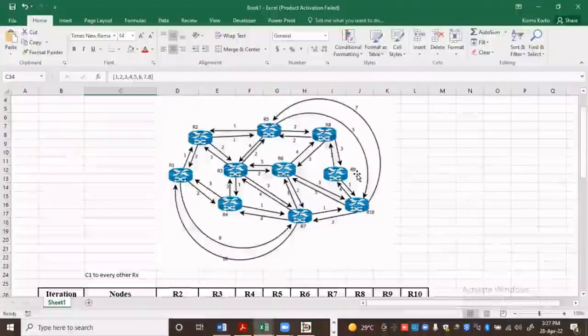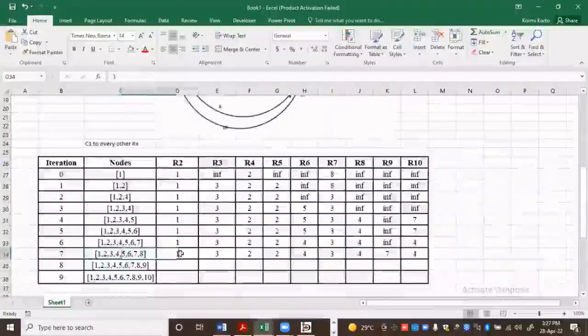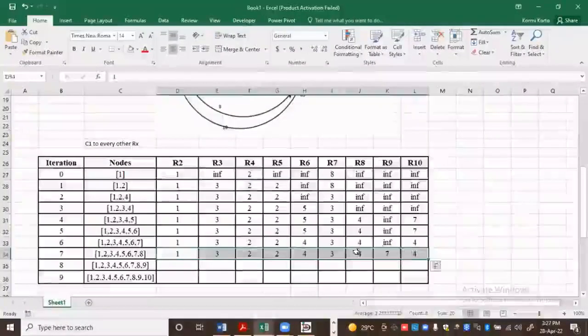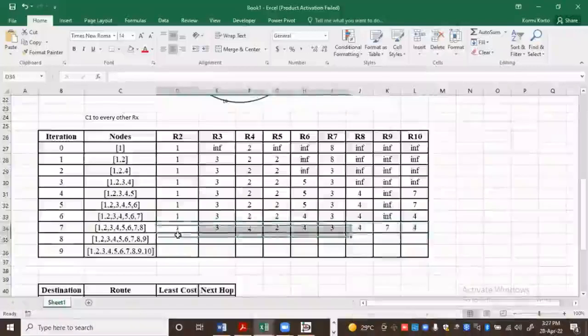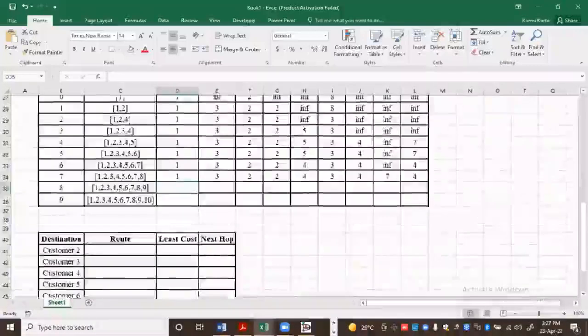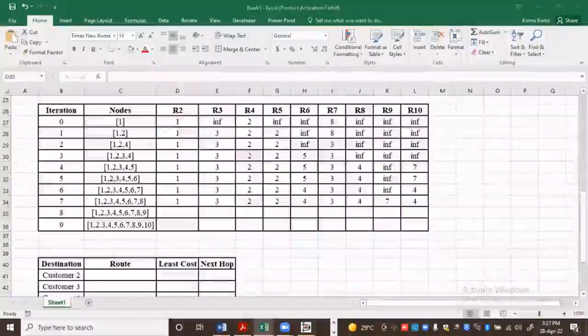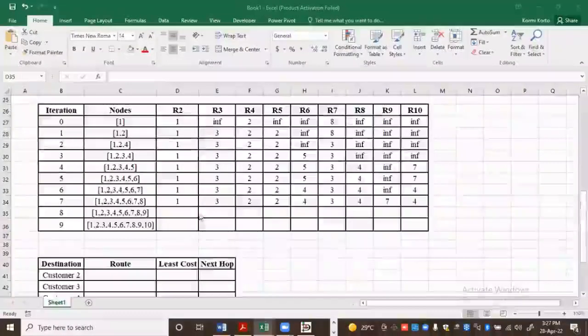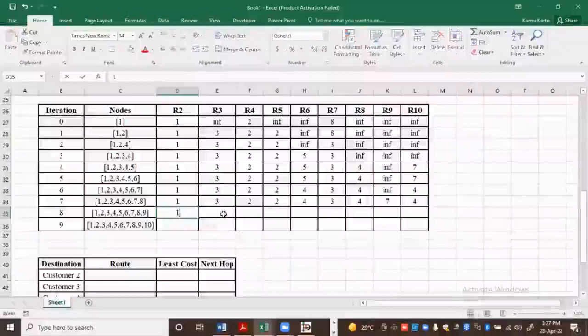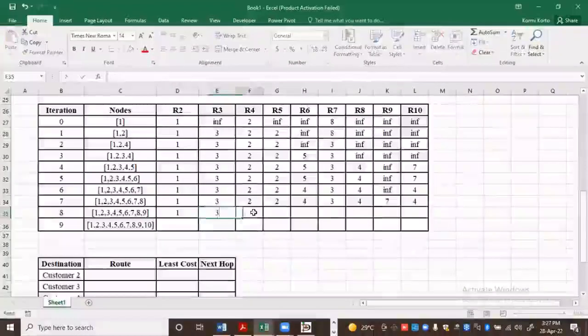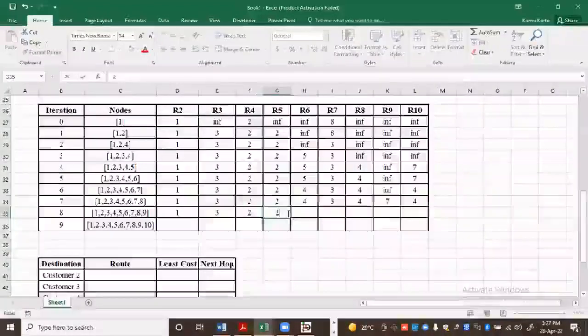Okay, so now we have a clean slate of all the costs to get to every other node. So the rest will just be more of a streamline. This will still be 1. Now that we have 9 inclusive, we have 1, 3, 2, 2. What is 4?